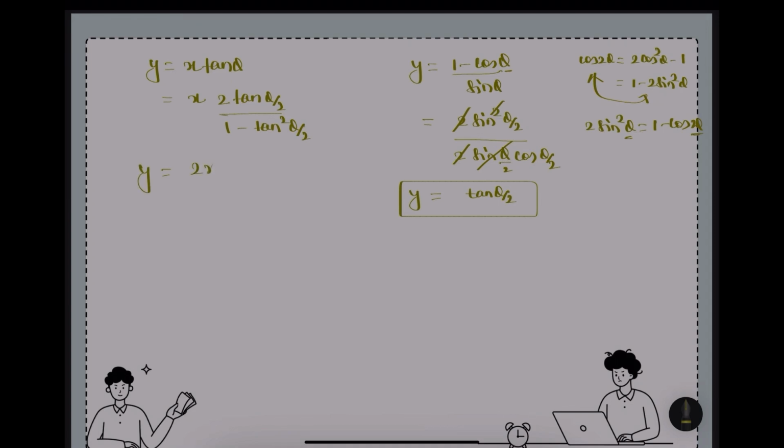So 2x, you know tan theta by 2 is y. So can I write y upon 1 minus y square? Can I neutralize this with this? So we will be left with 1 minus y square is equal to 2x.